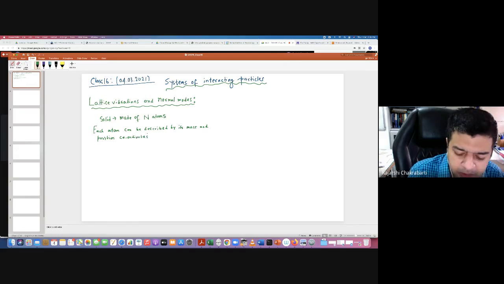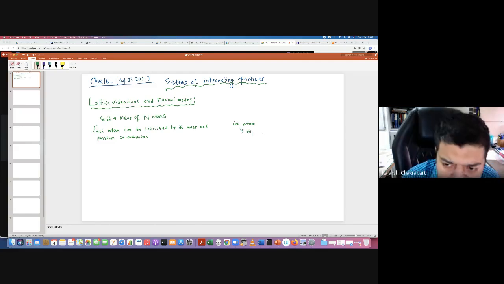Okay. So now, for example, say the ith atom. I have the ith atom. The mass of that atom is m_i. Okay. And the position is r_i. Now r_i means what? It will have three components, x, y, z. Is this clear? But rather than calling it x, y, z, I'm just using different notation.